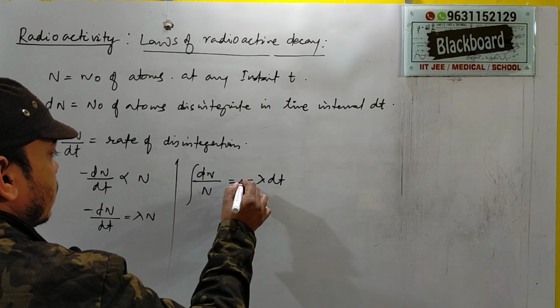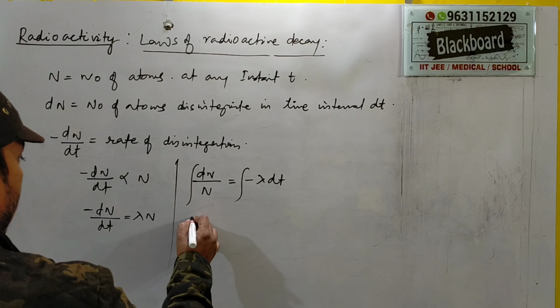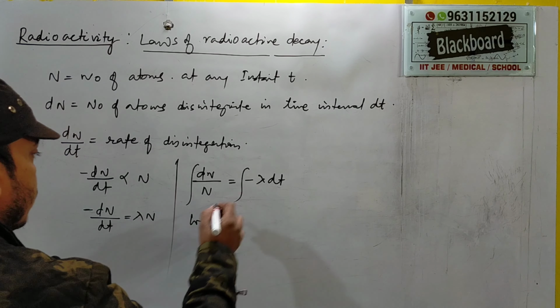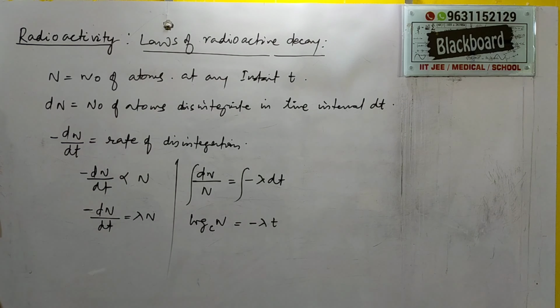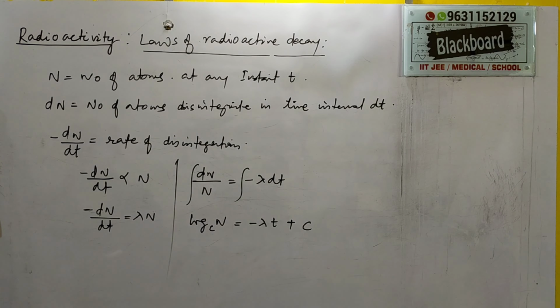Now integrate. इंटीग्रेट करेंगे तो ये विल गेट log N बेस e, माइनस लैम्डा t, एंड प्लस एनी कांस्टेंट, दिस इज c.